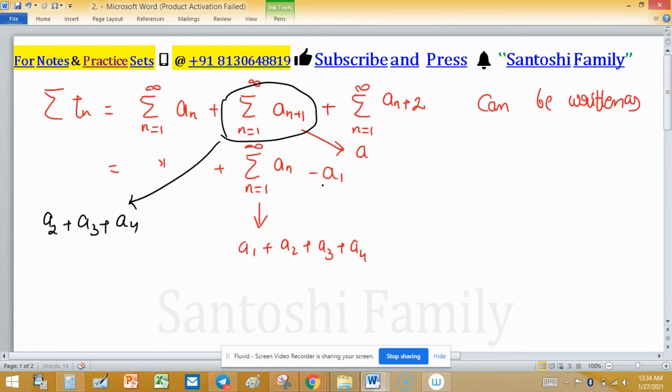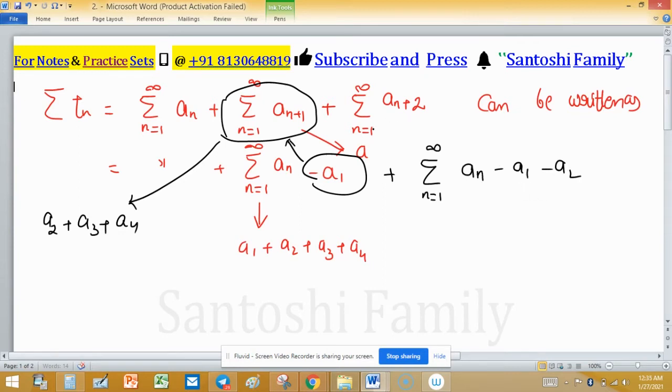After subtracting a1 it is perfect. There is no conceptual error. Plus summation n equal to 1 to infinity an minus a1 minus a2.